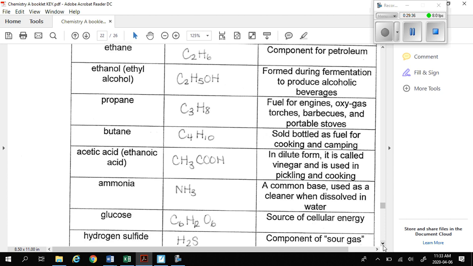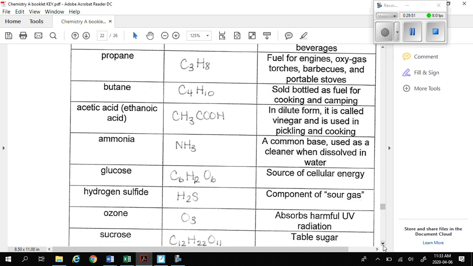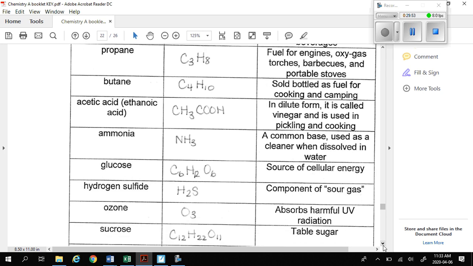But again, these are just ones that you need to have memorized or be able to recognize. So ammonia, NH3, so it's not nitrogen trihydride. You would use ammonia instead. Glucose, C6H12O6. So that's what's produced from photosynthesis and goes into cellular respiration.